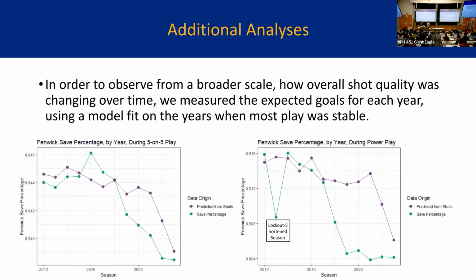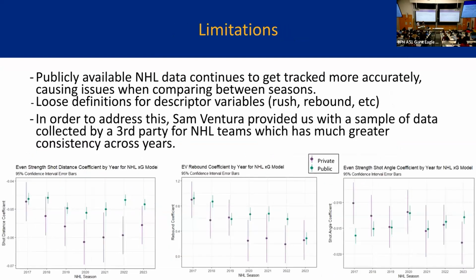And here we can see the purple dots representing just the change in save percentage due to only the types of shots that are being taken, how much that drop off would be, and then the rest could be due to other changes in the league, such as player quality and whatever else there might be going on. I know goalie pads got limited at some point in there, so that could be included in that remaining difference.